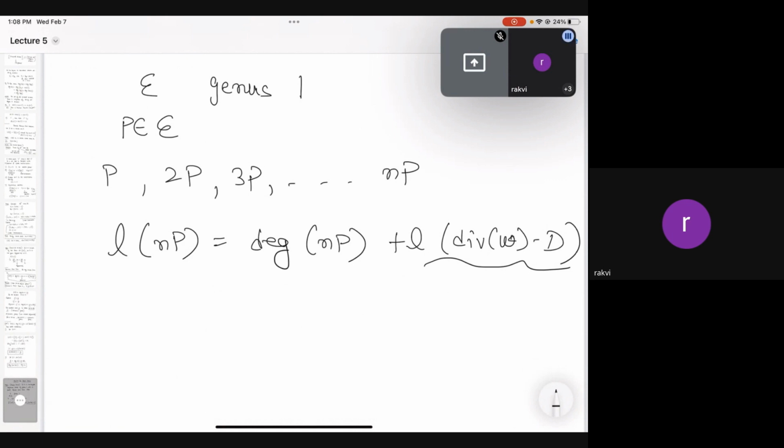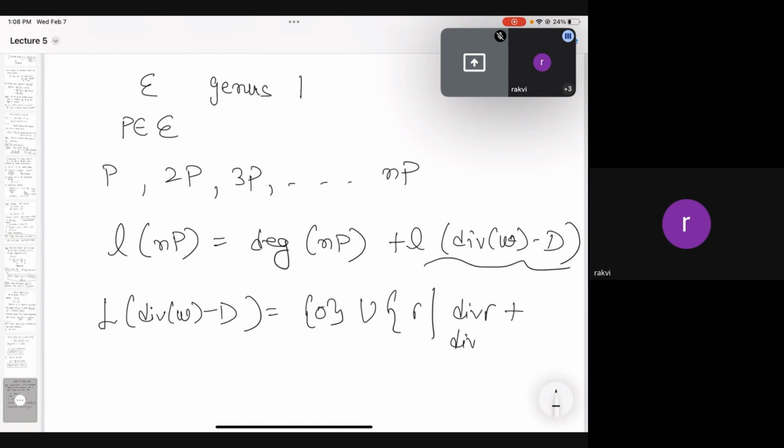So what is the associated space of divisor omega minus D? It consists of 0 and all those functions r such that divisor of r plus divisor of omega minus D should be bigger than or equal to 0. But then let's take a look at degrees on both sides, right? Divisor of r has degree 0. The divisor of omega has degree 0 because I am in the genus 1 situation.